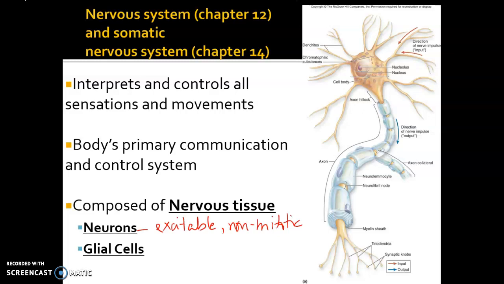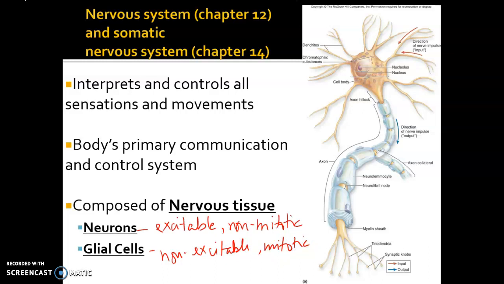And obviously neurons carry electrical signals, right? So they're excitable and they are non-mitotic. And then we have some supporting cells called glial cells, which are not shown here. Glial cells are non-excitable. You can never excite a glial cell. And they are mitotic, meaning they do divide by mitosis.